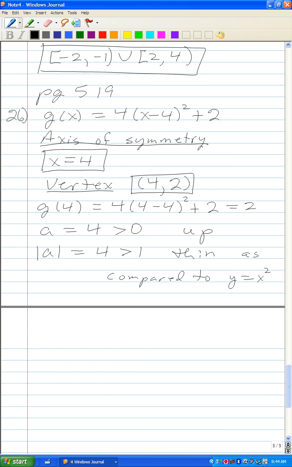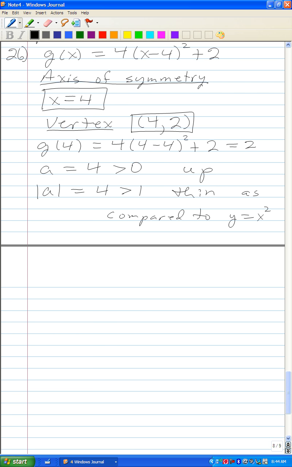And so let me graph this. And so the vertex is at (4, 2).